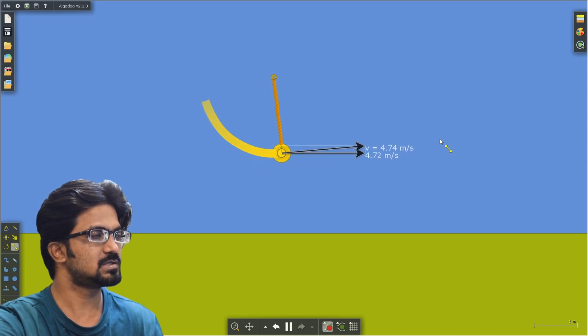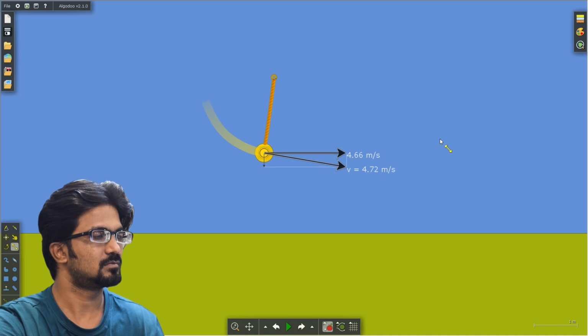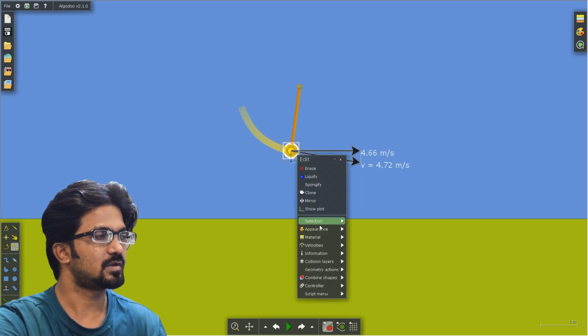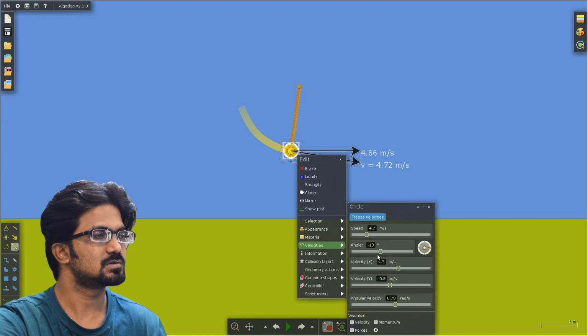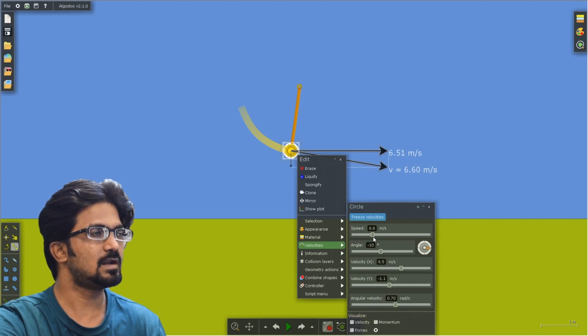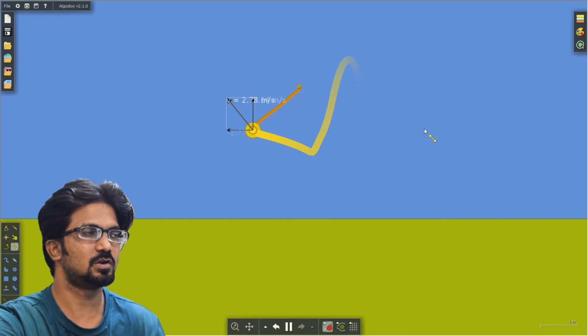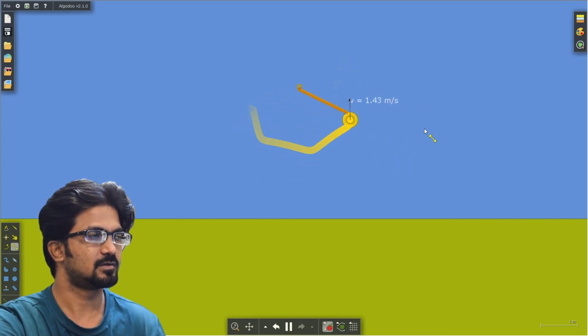Now let's increase the velocity slowly, and let's give it a velocity near to what we have calculated, almost 6 to 7 meters per second. It gets some momentum, but it falls back because at the end of the string the tension is almost zero at the highest point, so it is not getting enough velocity to overcome this effect.